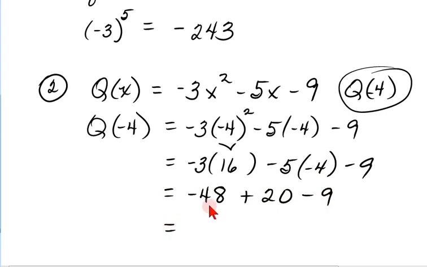Oh, no, wait. -48 and a -9 gives me -57 plus 20. Did y'all get -37? You might want to check and make sure it's the right answer.